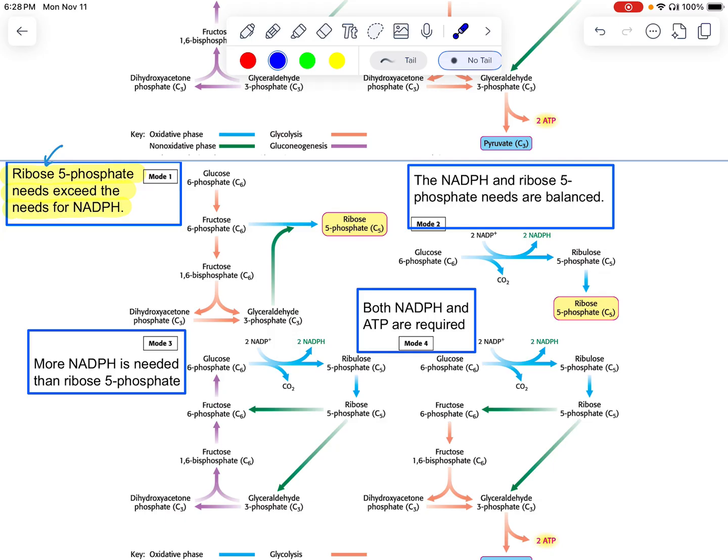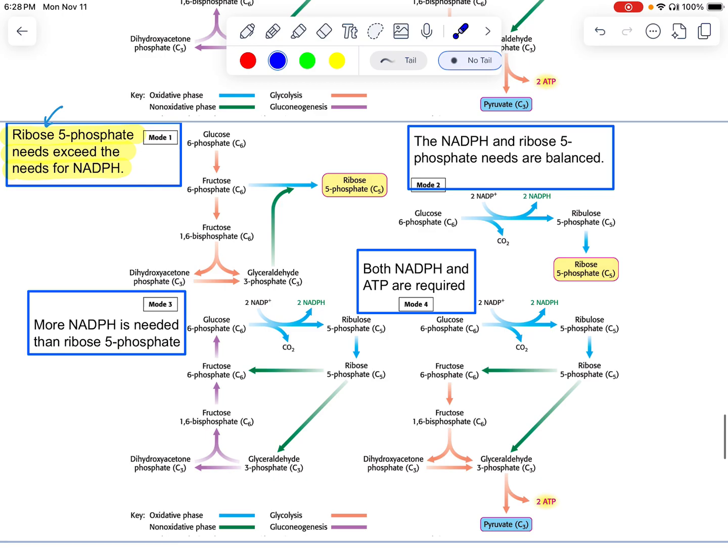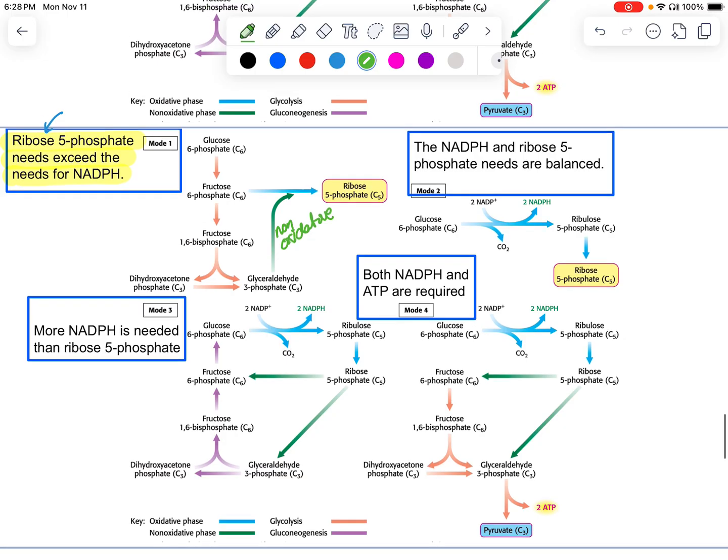What we need are these material needs of our cell met. So we're going to drop through glycolysis to get to a couple of these. All right, and then, remember the green was the non-oxidative phase. We're going to work our way back up to that ribose 5-phosphate with those enzymes from phase 2. So that's one option.